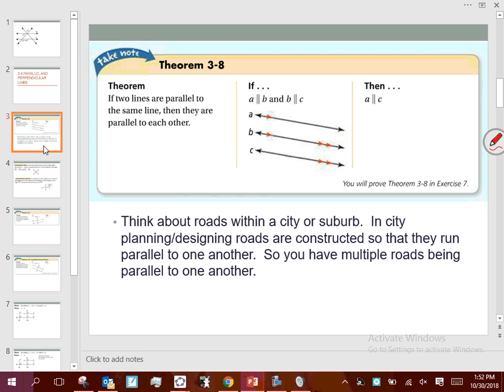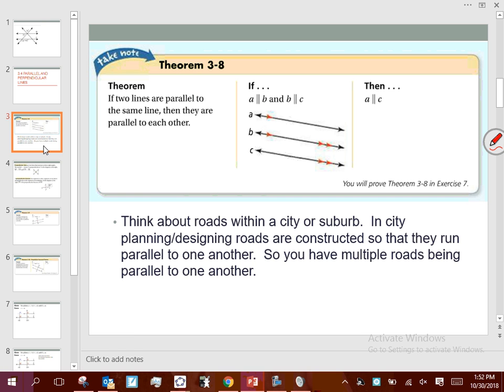That allows infrastructure to be created in an efficient manner, meaning water pipes, sewage pipes, telephone lines, data lines for internet. It allows that stuff to be distributed and created efficiently.